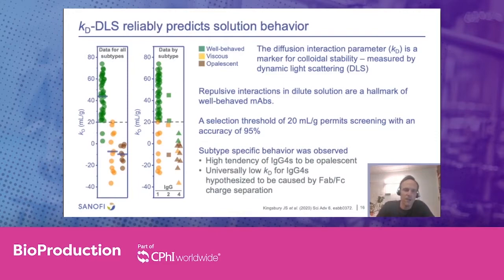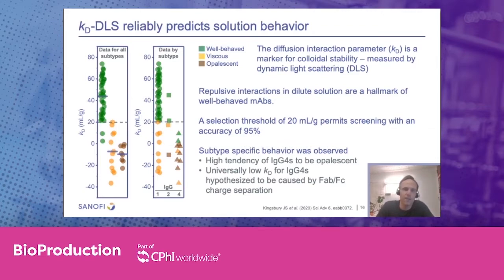It's also clear that there's a threshold around 20 mL per gram where we switch from being well-behaved above that value to being poorly behaved below that value. And if we take that as a quantitative threshold, we can screen within this data set with an accuracy of over 95%.